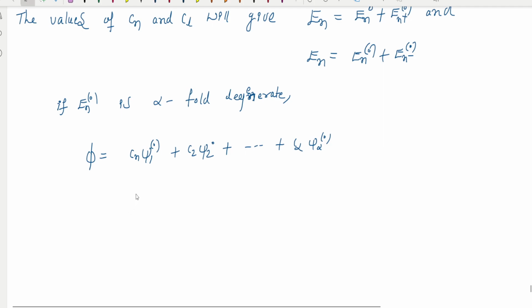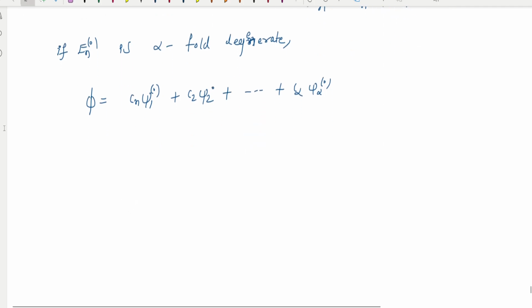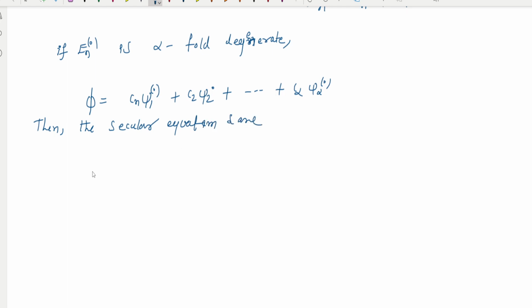If you want to explain this alpha-fold degeneracy in terms of the secular equation, then I can write the secular equations like this, and so on up to 1 alpha.